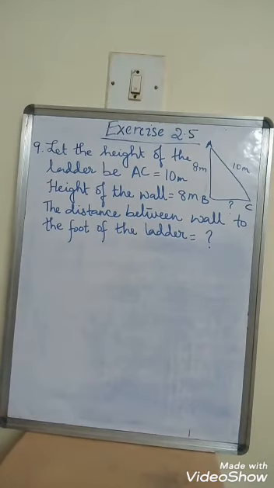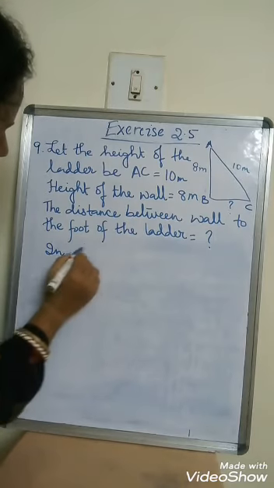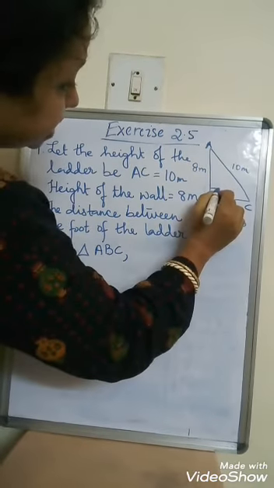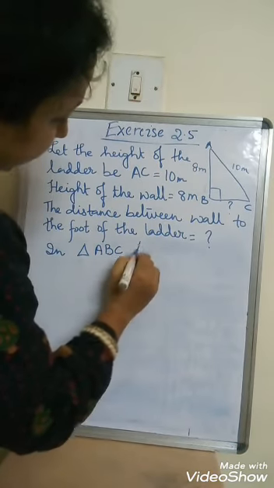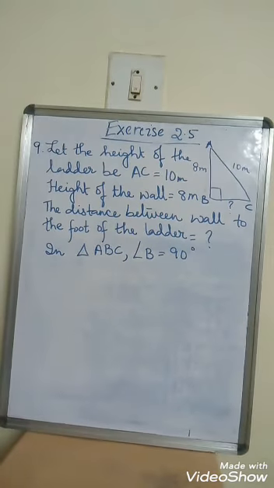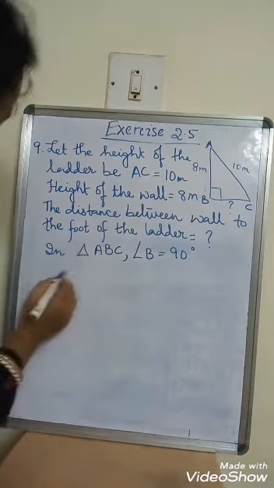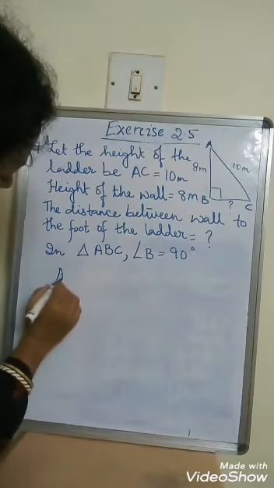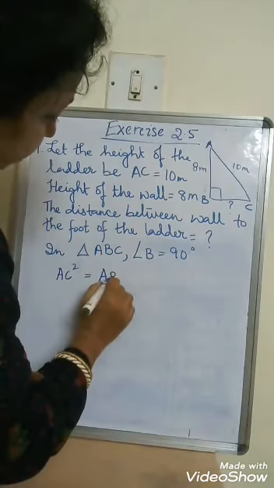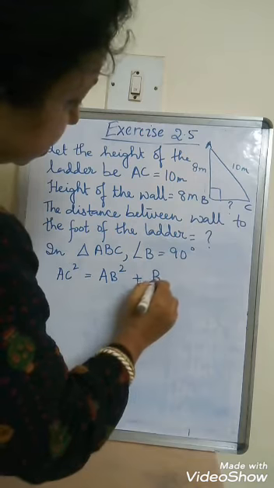So now what we are going to do is, in triangle ABC, we know that it is right angle at angle B. So angle B is equal to 90 degree, right? So now taking into consideration Pythagoras theorem, so this is perpendicular, this is hypotenuse, AC square is the hypotenuse, is equals to AB square, that is perpendicular, plus BC square.